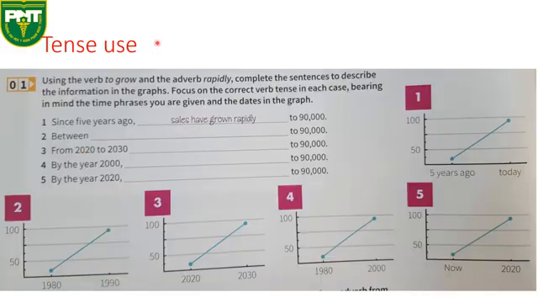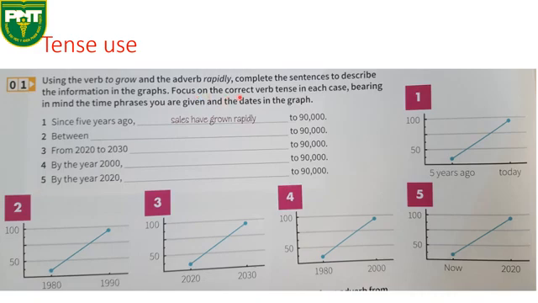Now, when you describe a line graph, I want you to pay attention to the tense use, whether you are given the time in the past or time in the past and the present and the future. Now, using the verb to grow and adverb rapidly, complete the sentences to describe information in the graphs.